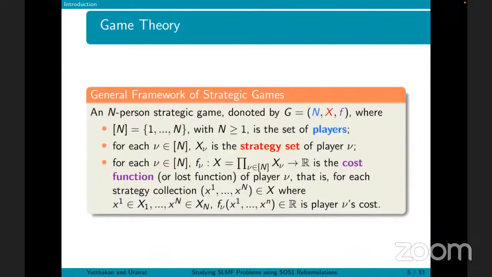General framework of strategy of game consists of N is a player, and X new is a strategy set of player new, and for each new belonging to set N, defined by F new is a cost function of player new.